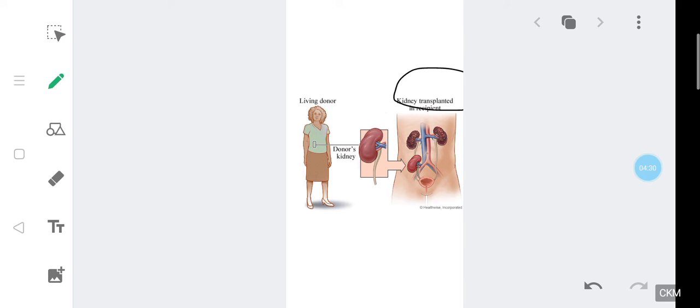In the kidney transplant, what happens? There is a person who donates the kidney, and then the kidney is inserted into a recipient person, that is, a patient, and this kidney is attached to the urinary bladder and to the blood system of the recipient. The donor can be anyone.